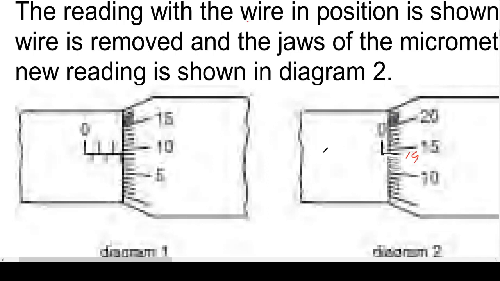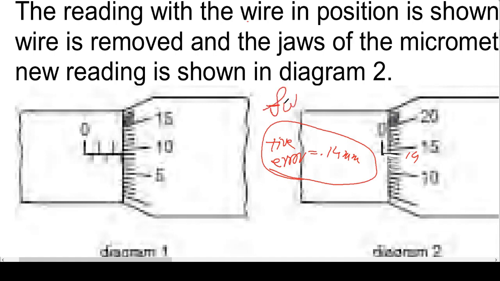This is in hundredths of a millimeter, so it will be 0.14 millimeter error, and that is the positive error. So this much error is present. Since it is a positive error, we will subtract it from the final answer.